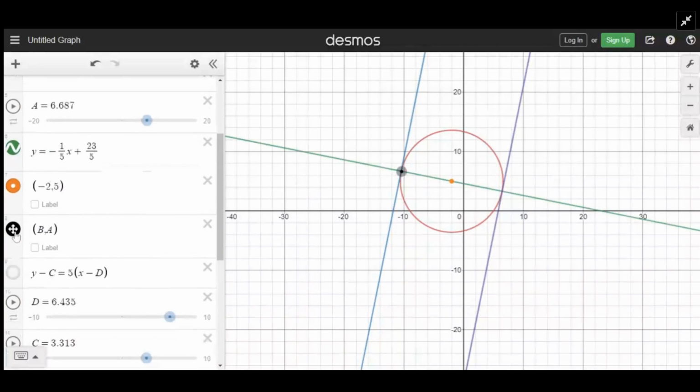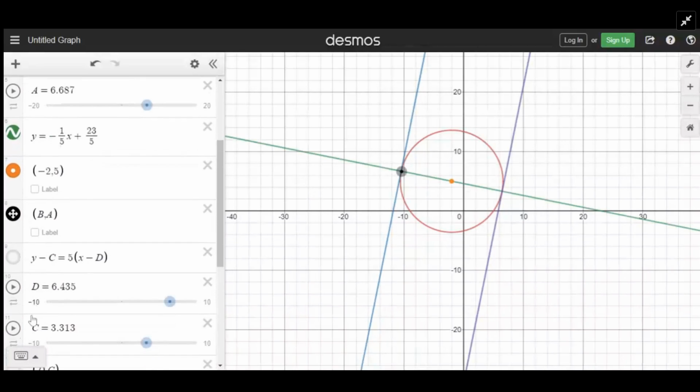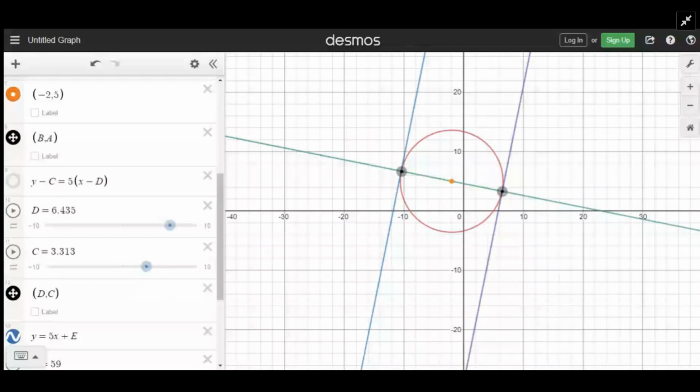There's one of my tangent lines of slope 5 where it touches the circle. And here is my tangent line of slope 5 where it touches the circle on the other side. So really all I need is the equation of the green line, the perpendicular line that passes through both of these tangents of slope 5. So that's going to be our goal.